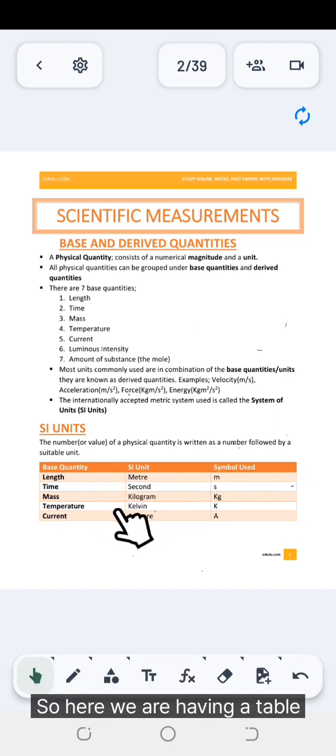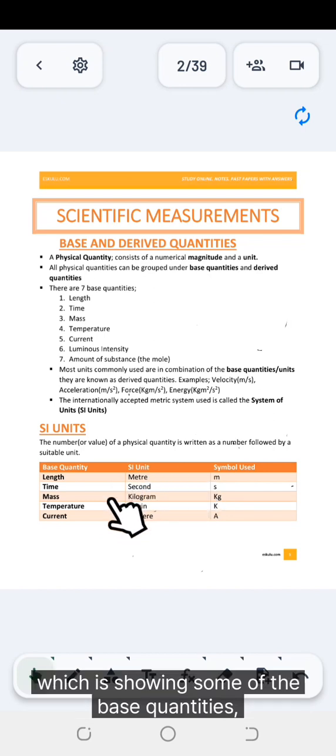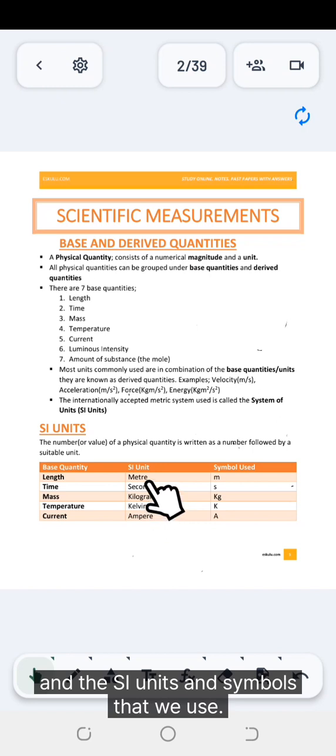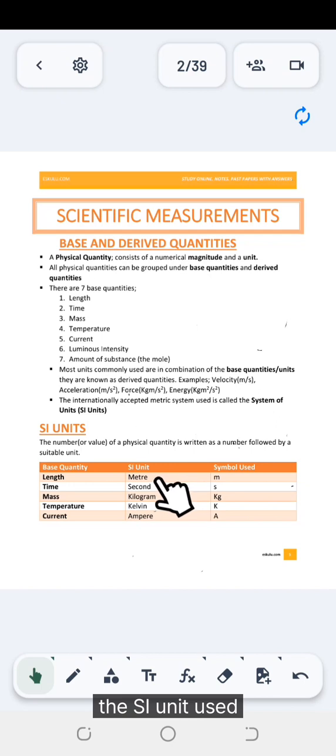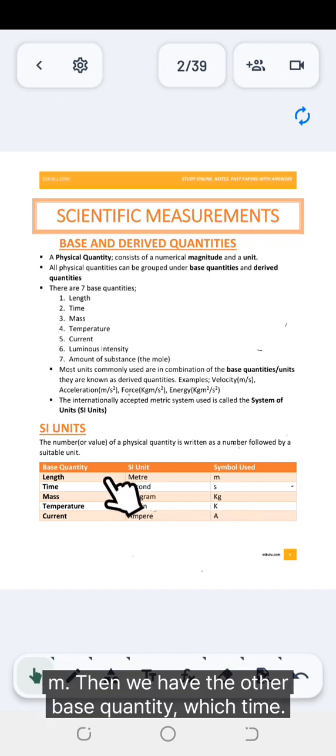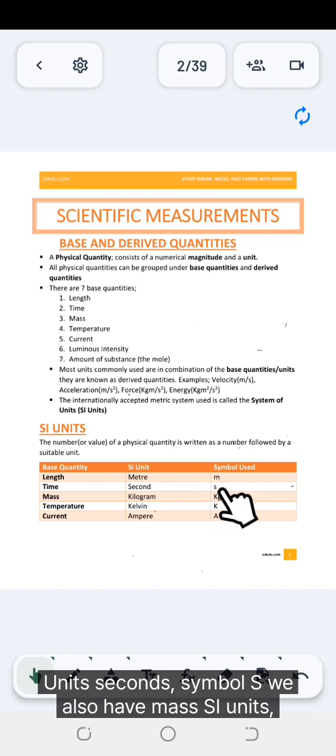Here we have a table showing some of the base quantities and the SI units and symbols that we use. One, we have length, which is a base quantity. The SI unit used is meters, symbol m. Then we have the other base quantity, which is time, unit second, symbol s.